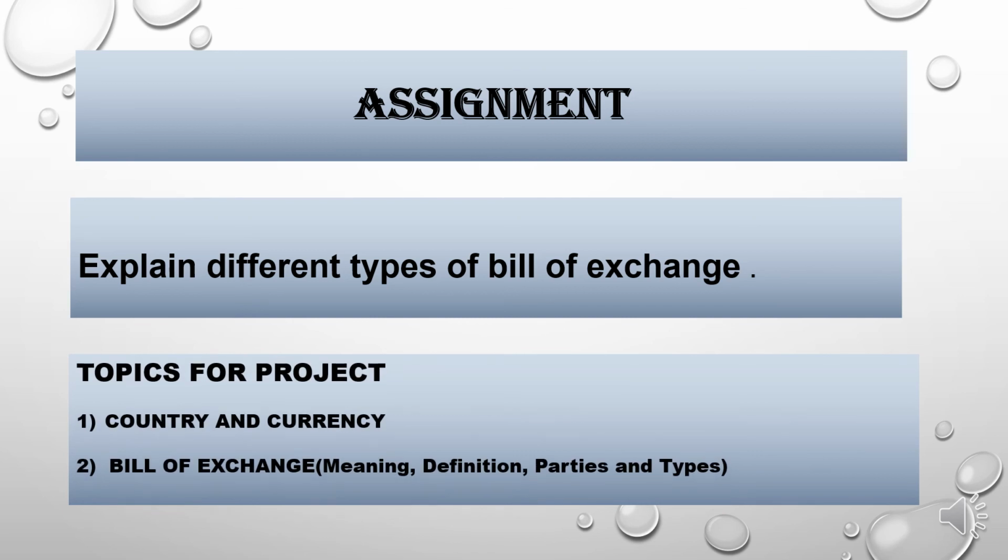Now topics for project. Already 3 topics were given by Banking Madam, and this is the 4th and 5th topic. The 4th is country and currency, and the 5th is bill of exchange. In this you have to write the meaning, definition, parties and types of bill of exchange.